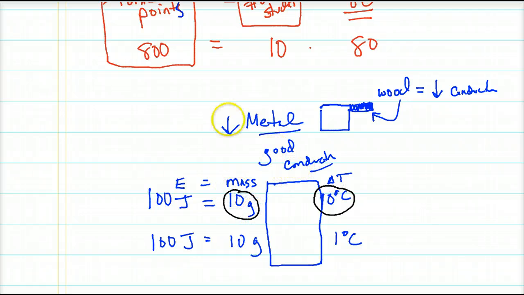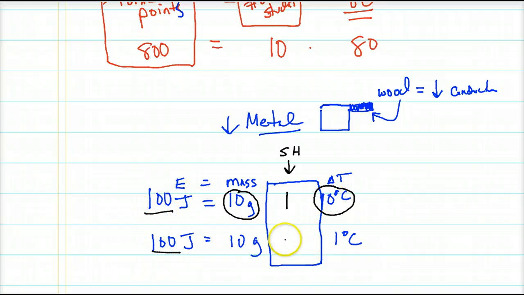So we would say the specific heat factor here would be 1, because 10 times 10 is 100 times 1. That's how to get to 100.